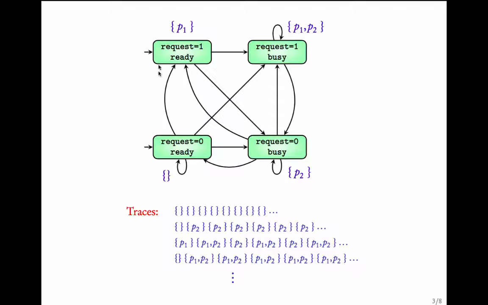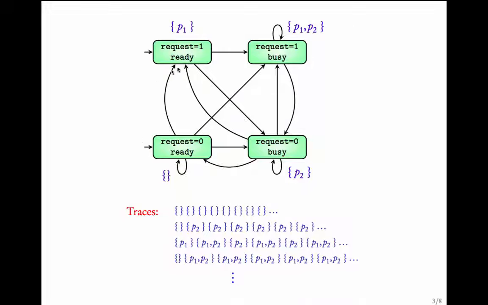Once we have them, we label the states with the sets of atomic propositions that are true in that state. For example, here P1 is true, here P1 and P2 are true, here only P2 is true, and here none of them is true.